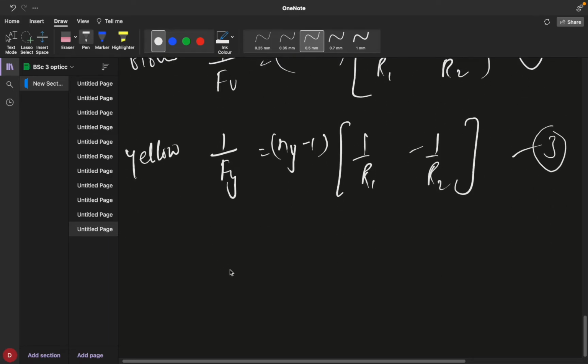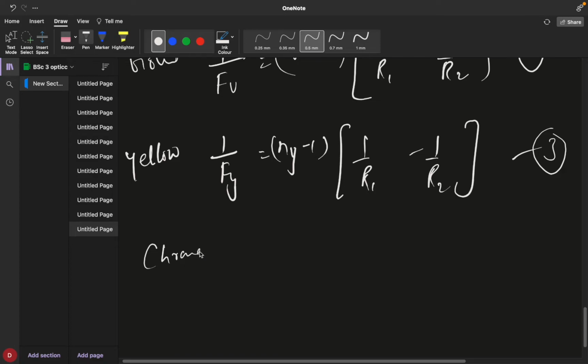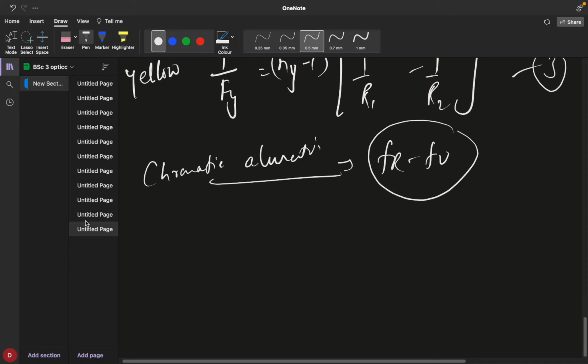We know that for chromatic aberration, the condition involves Fr minus Fv. For that we subtract 1 upon Fr from 1 upon Fv, and on taking the LCM we get Fr minus Fv. So we do equation 2 minus equation 1.